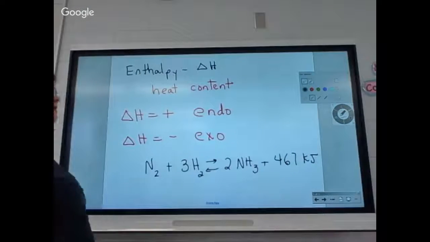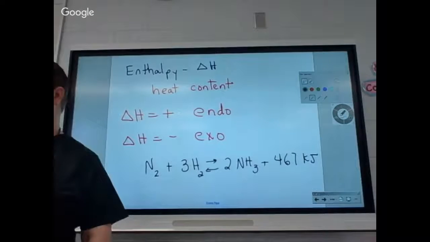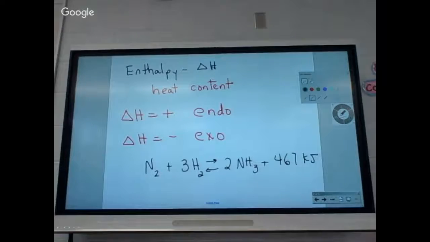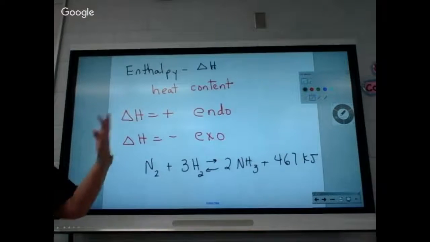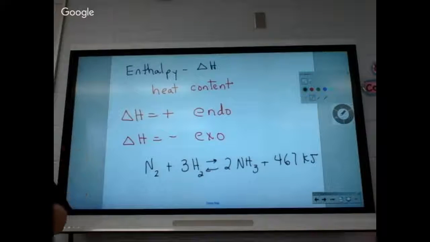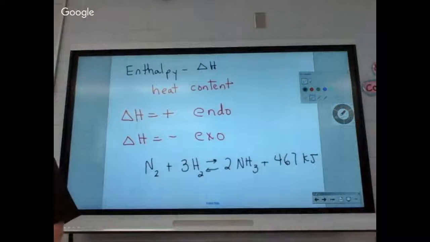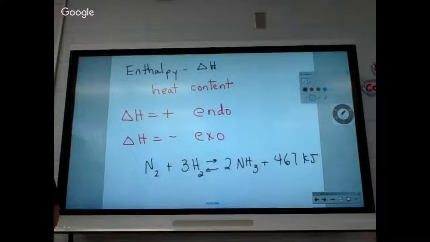So if I write this, which is a thermochemical equation, you also have to be able to figure out if delta H is positive or negative, or if it's endo or exothermic, just based on where the number is.